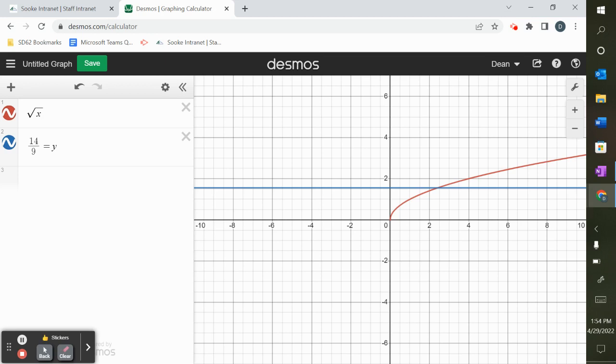And if I put in 14 over 9, this point right here will give me the average value, the rectangle from 1 to 4 is equal to the area under the curve from 1 to 4. And you can see this missing bit here is equal to this missing bit here.